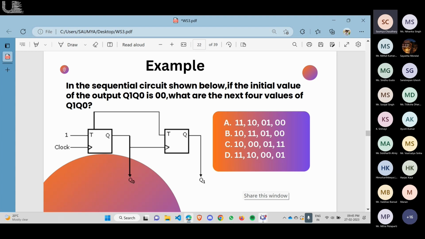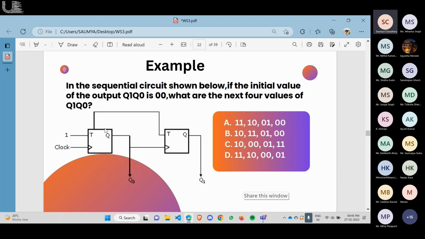We'll wait for a few minutes. You can try it. I can give some hints. You should see the clock in this case. Here Q1 and Q0 are given as 0, 0, so the previous output is 0, 0 for both. Here T is always 1.